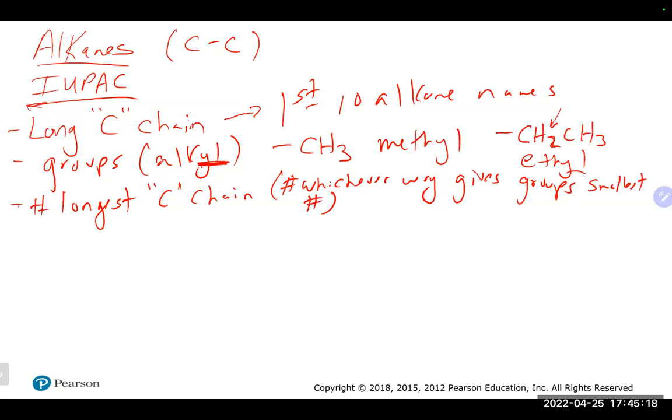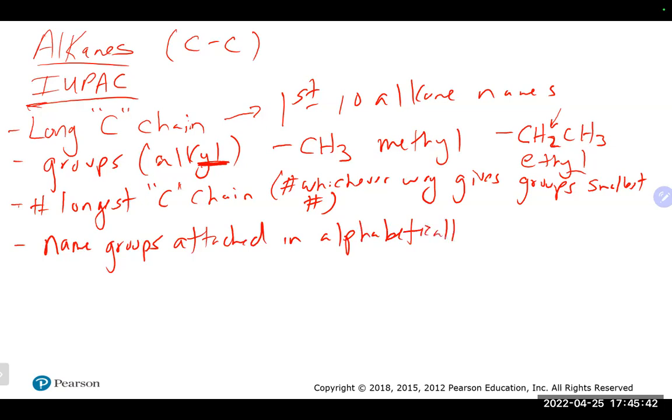Now, once you choose which way you're going to number, you pretty much have to stick with it in terms of numbering and naming everything. The last thing is that we then name the groups that are attached, and it's actually in alphabetical order, regardless of number.